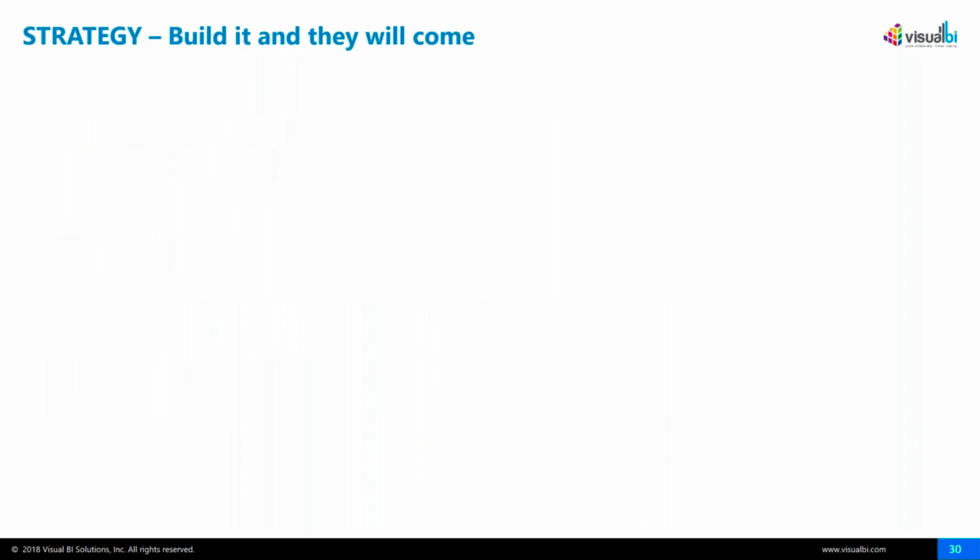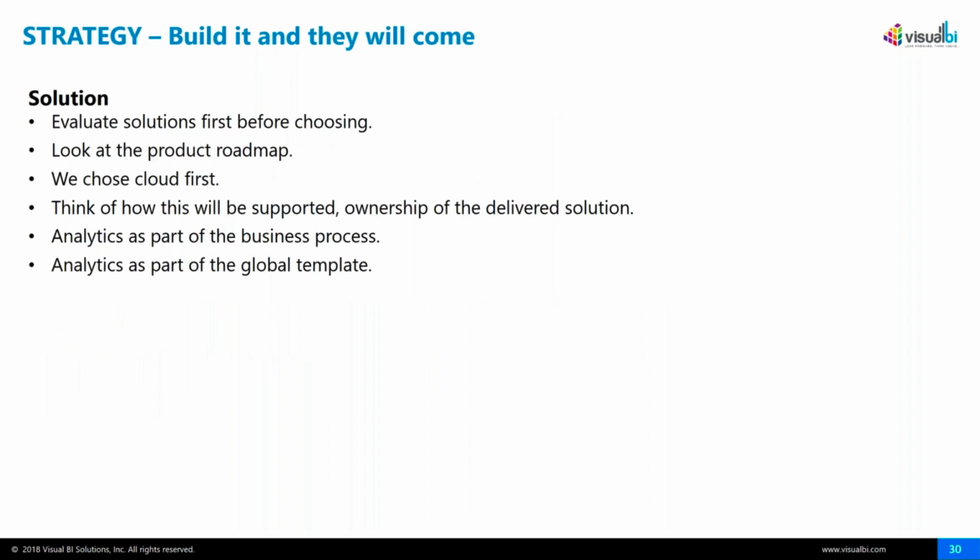Address the pain points head on, move the needle. That's important. Little incremental. That's why we did these things in 2-week sprints, right? Just move the needle. So build it in that, and they will come. That's kind of like the Field of Dreams idea, right? So evaluate the solutions before choosing. That's really important. So know what you want.